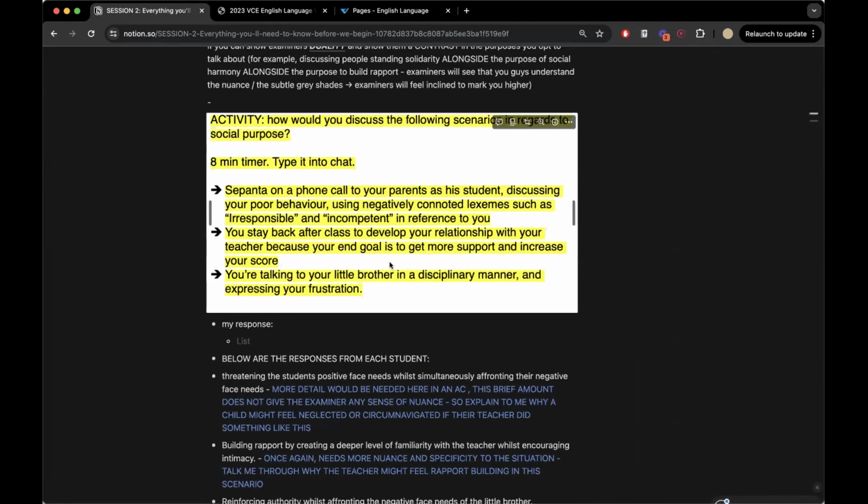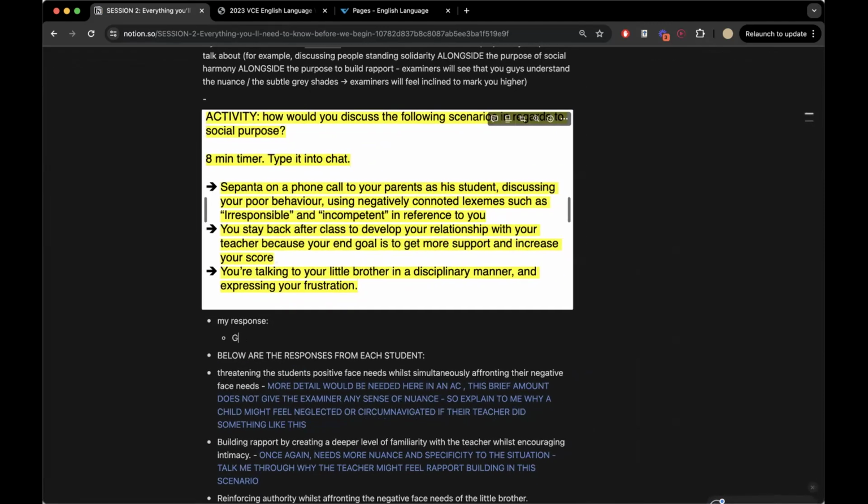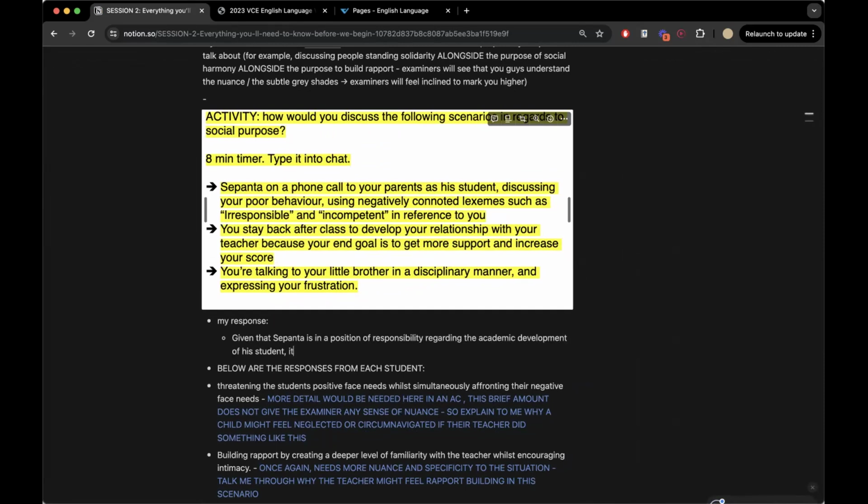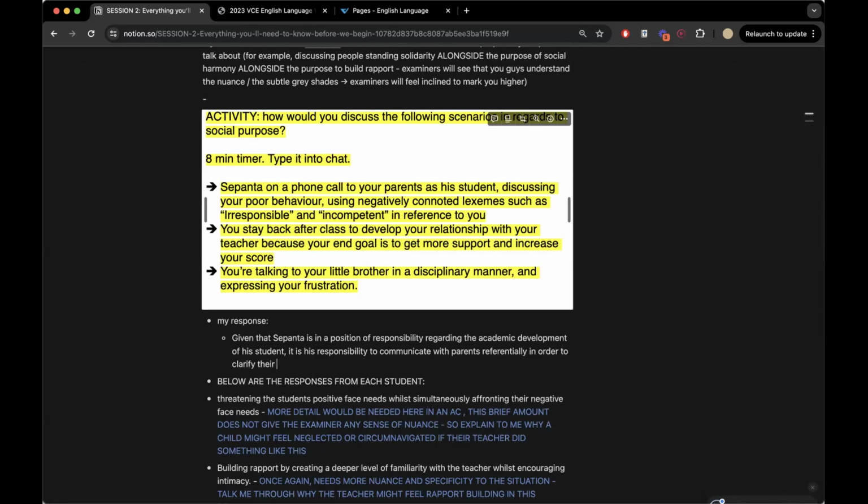For example, to the first one, I would start it with, given that Sapanta is in a position of responsibility regarding the academic development of his students, it is his responsibility to communicate with parents referentially in order to clarify their child's behavioral needs. Full stop.